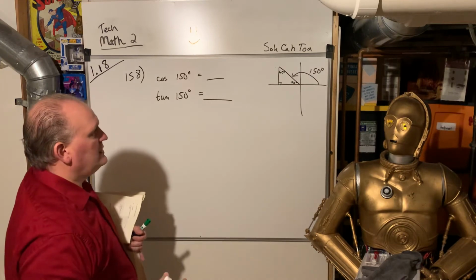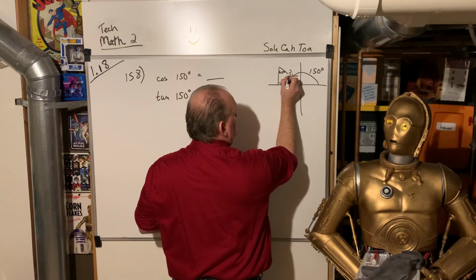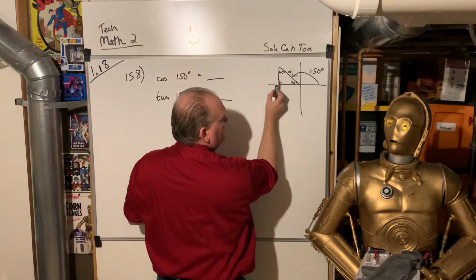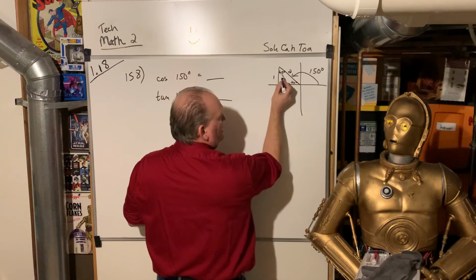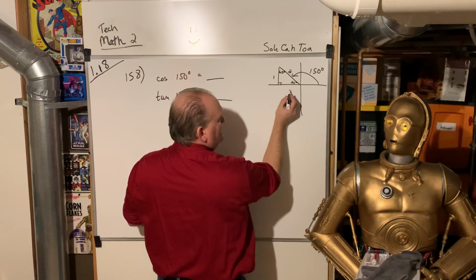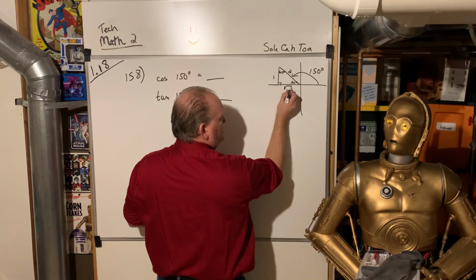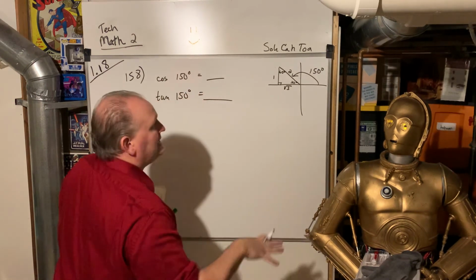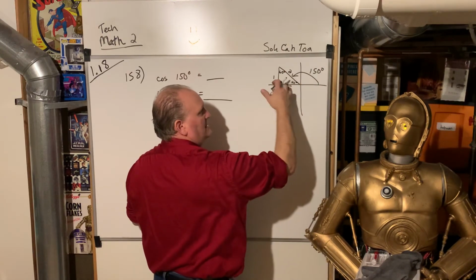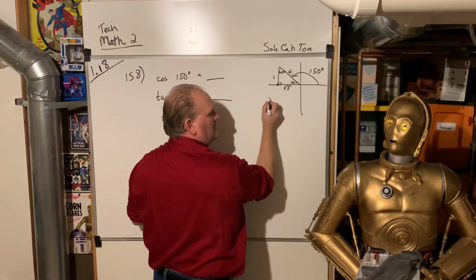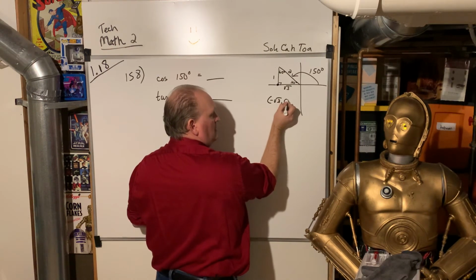And so what do we know about this? Well, we know the hypotenuse is 2. We know that the side opposite the 30 is always half of that, so that's 1. And the side opposite the 60 is the square root of 3 times this, so 1 square root of 3, or just the square root of 3. Now, in the context of the coordinate plane system, this coordinate right here is negative square root of 3, comma, 0.